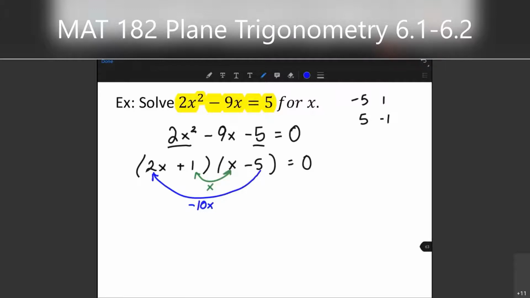Yeah, you're right. We're just trying to multiply those cross terms. What I want to double check is that the middle term matches the addition of those two cross terms. And I think it does here. So x and then -10x give me -9x. That's where we would double check that we have the right factoring.